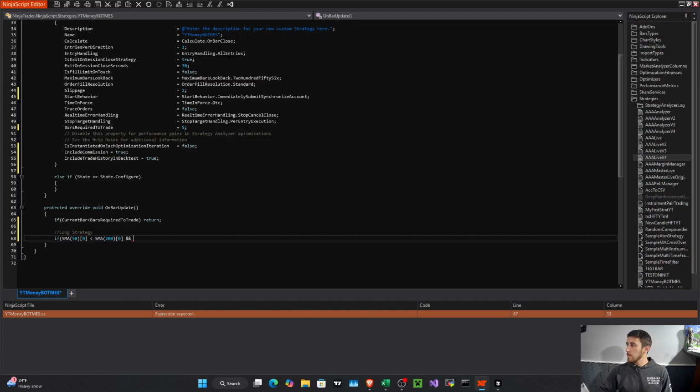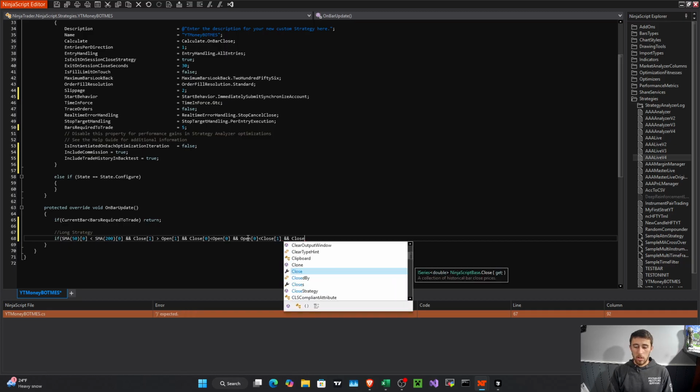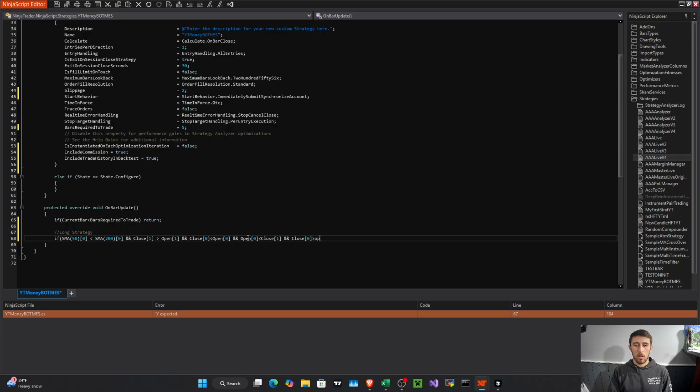and signal 240 is going to be, and close of one candle back greater than the open one candle back, and the close of the most recent candle is greater than the open of the most recent candle, and the open of the most recent candle is greater than the close of one candle back, and the close of the most recent candle is greater than the open one candle back.